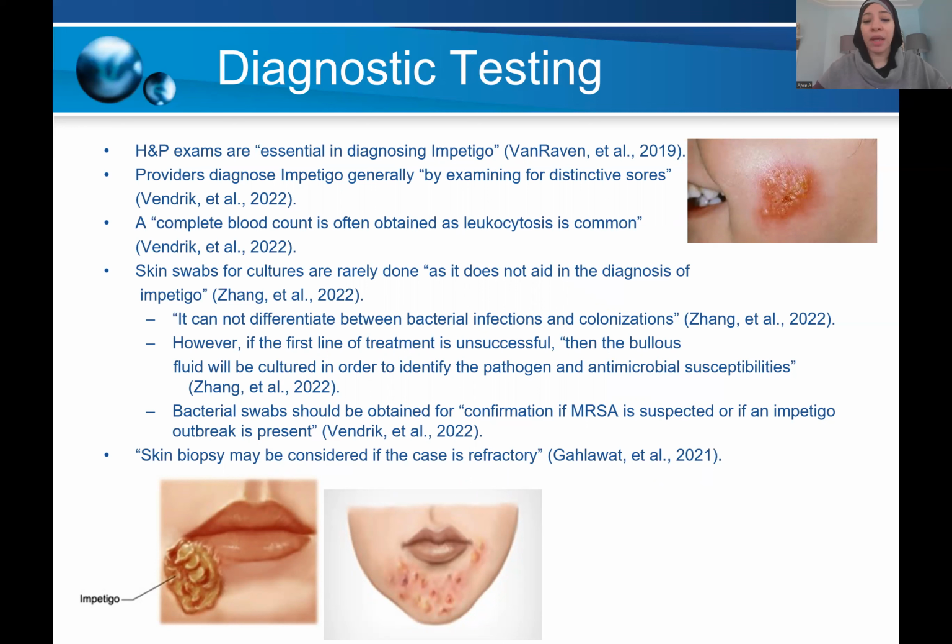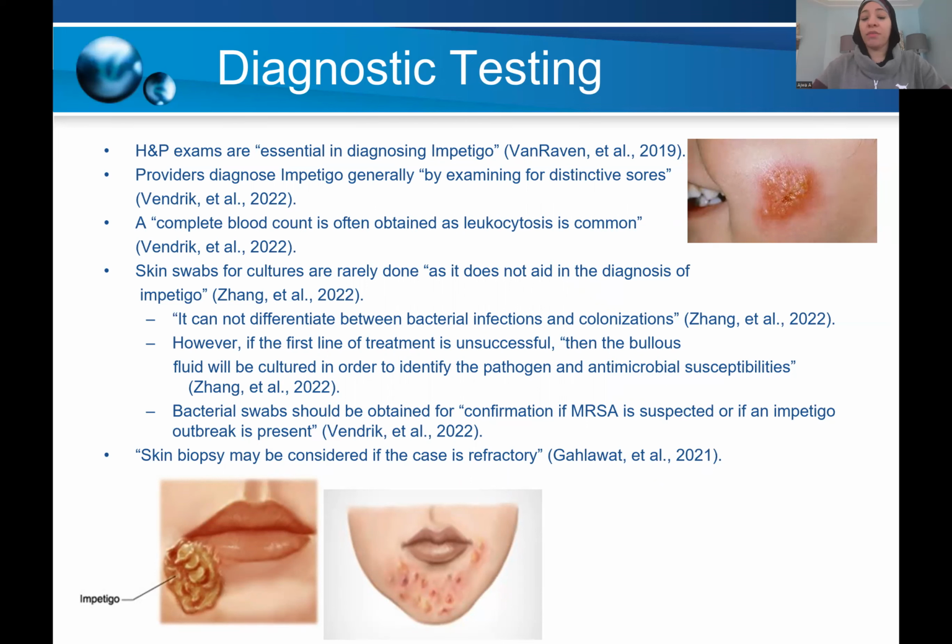A complete blood count is often obtained as leukocytosis is common. Skin swabs for cultures are rarely done, as they do not really aid in the diagnosis of impetigo because they do not differentiate between bacterial infections and colonizations.